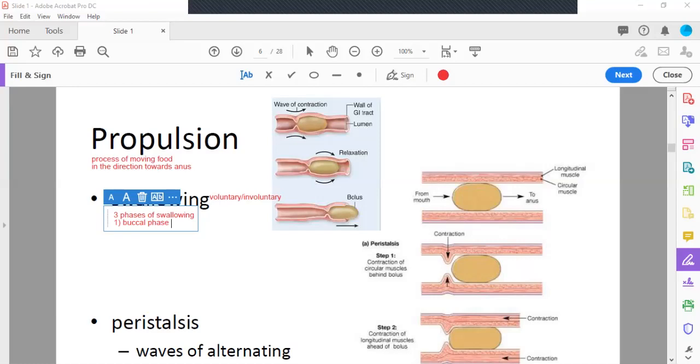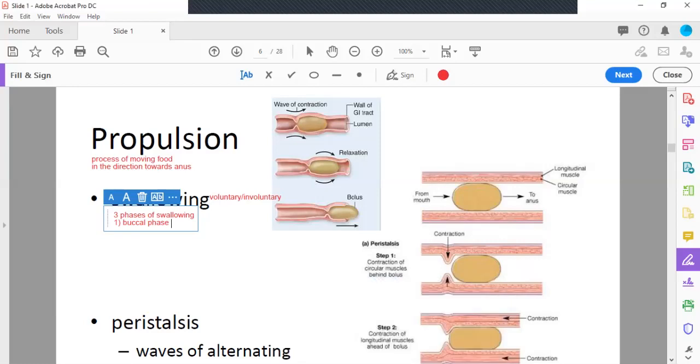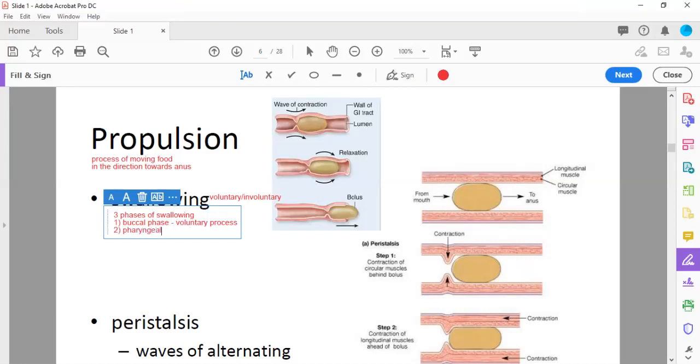The buccal phase is a voluntary process. Then you have what's called the pharyngeal phase, which is an involuntary process, and the esophageal phase, which is also an involuntary process.